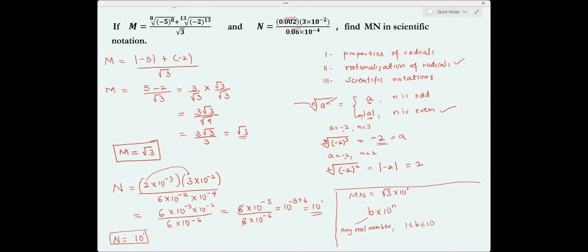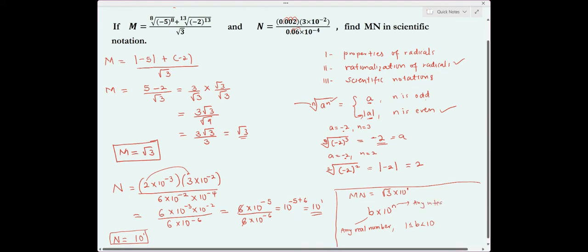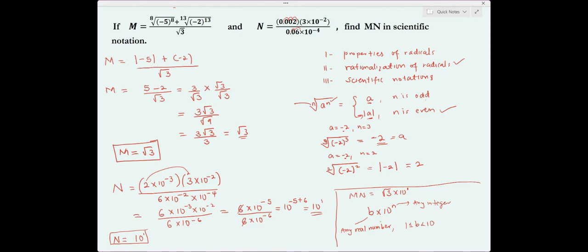You can see that here there is no equality. It means it cannot be equal to 10. It can be any real number, but not 10, right? But it can also not be less than 1. And the n itself is any integer. So any number you have that satisfies this condition is a number in scientific notation.